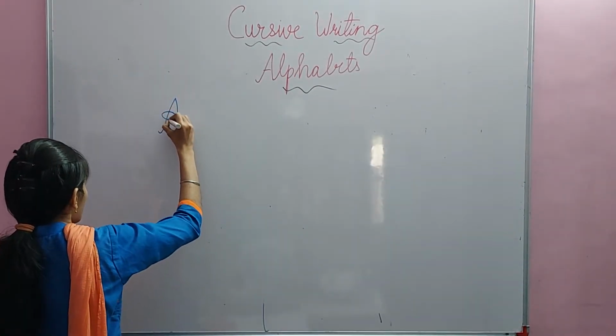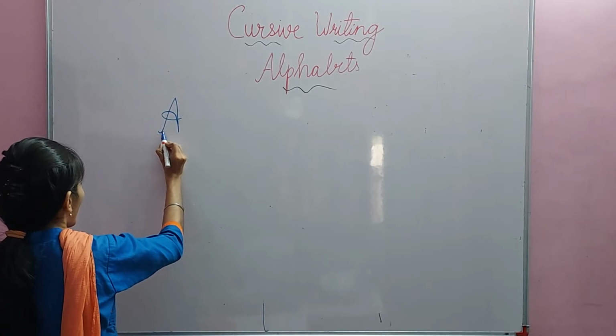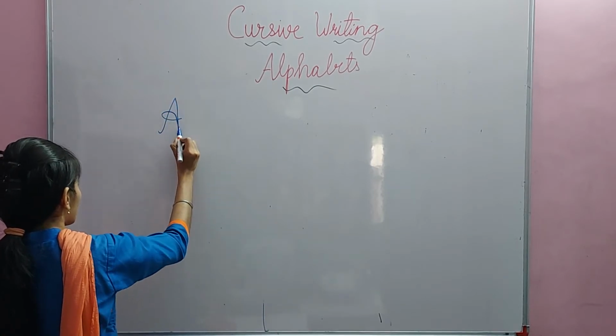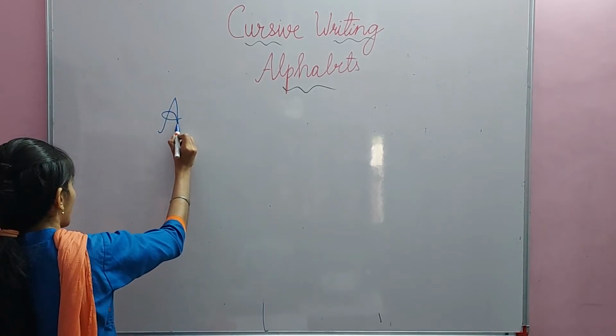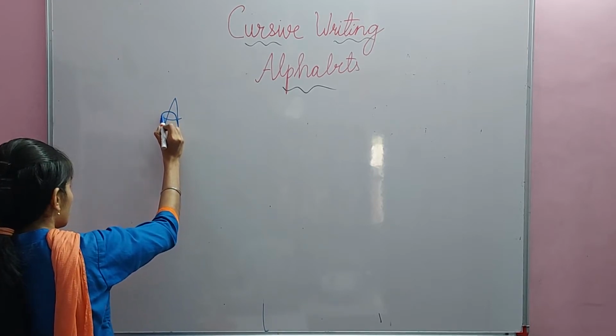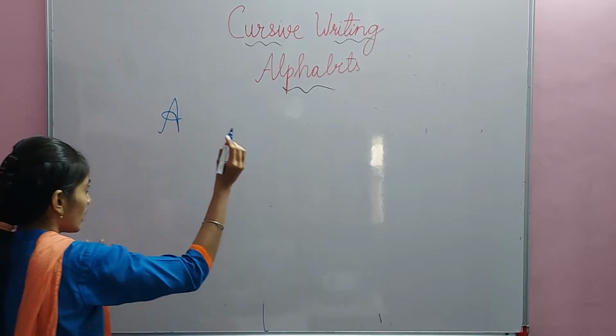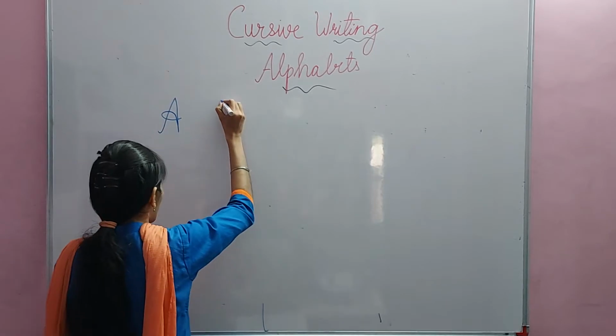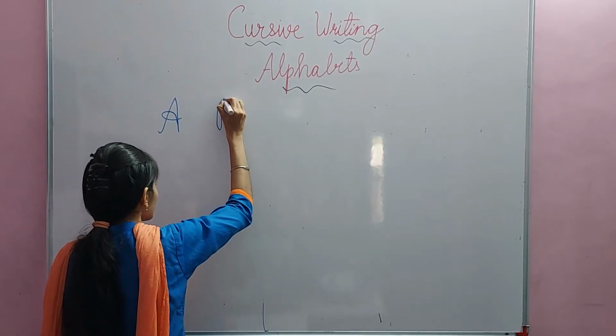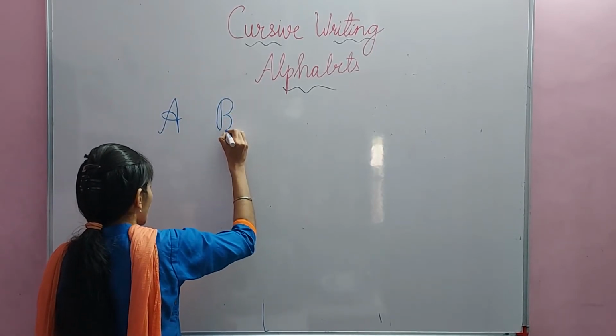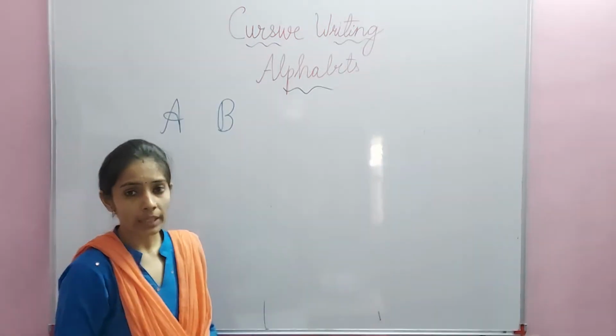A. How we will write the A? Go up, then we come down, and then go up and make a sleeping line. Then we will make A. Now cursive B. First I will show you on the board. Then I will show you how to write in your books.